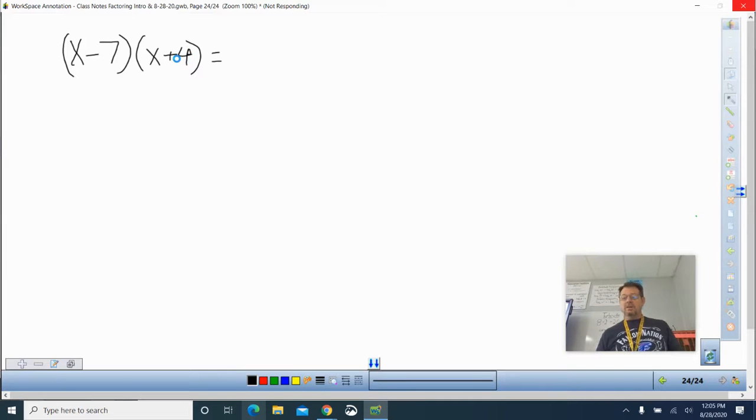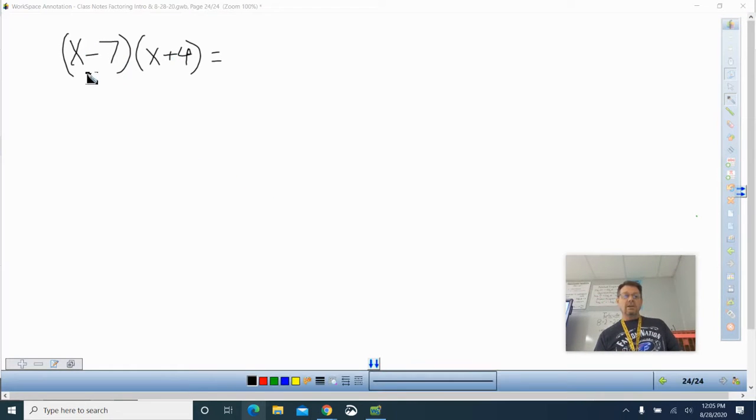And all that is a little device that helps you not forget to multiply something. Because what this means is everything in the left parentheses times everything in the right parentheses. And so we don't want to forget anything. So they came up with this little thing called FOIL to help us remember all the parts, not to forget them. But FOIL doesn't work if you have 3 things, because you only have 4 letters.